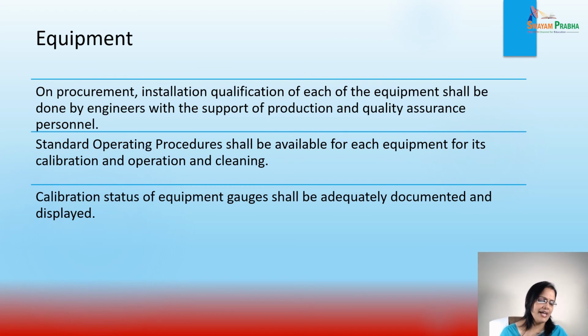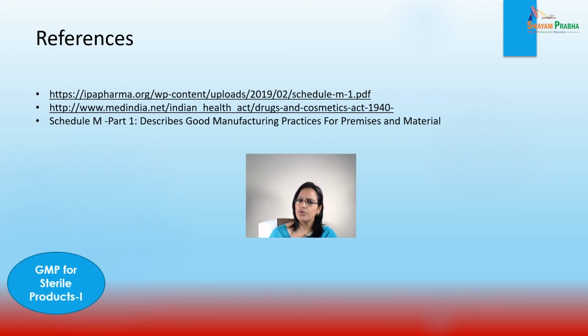So dear students, this is about the equipment in the parenteral, sterile product manufacturing area. These are the references, direct guidelines which I have taken from the standard document. Just go through them once in detail.